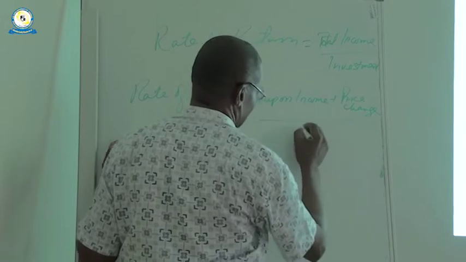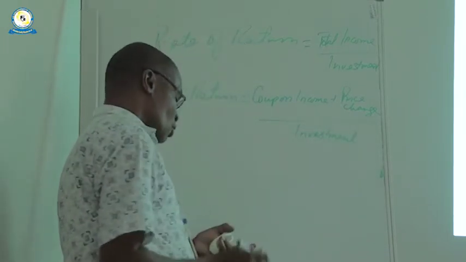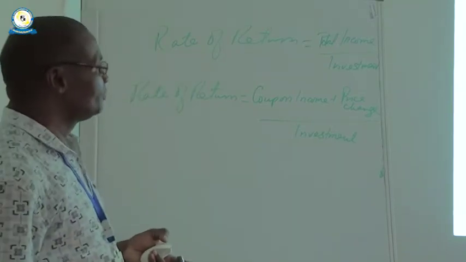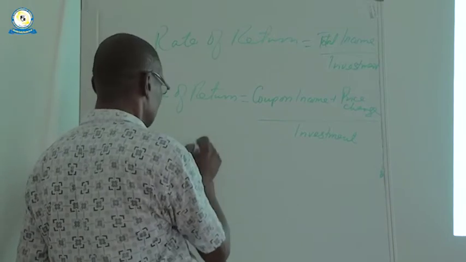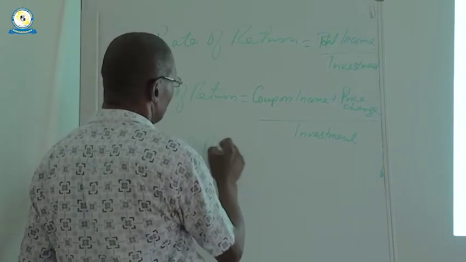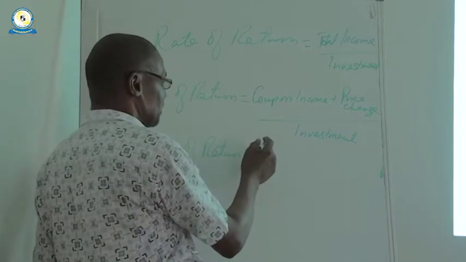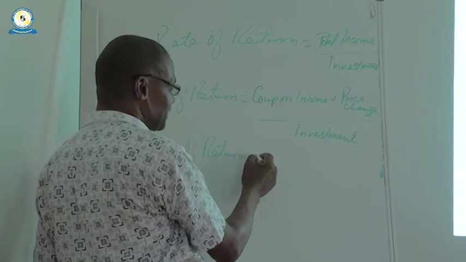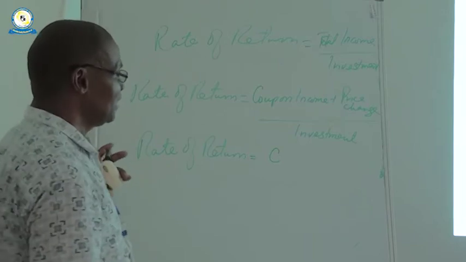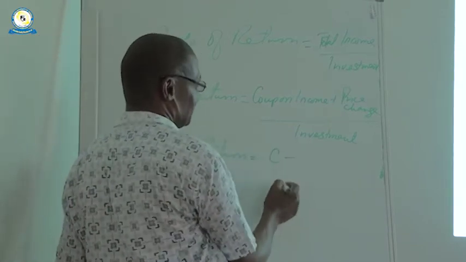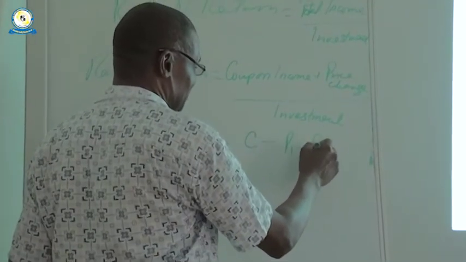Then you divide by investment. Now, coupon income is what we call yield, C. Price change: you take price 1 minus price 0.